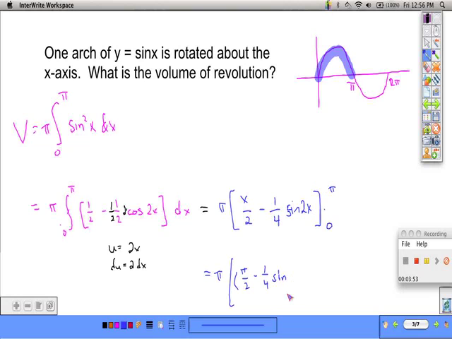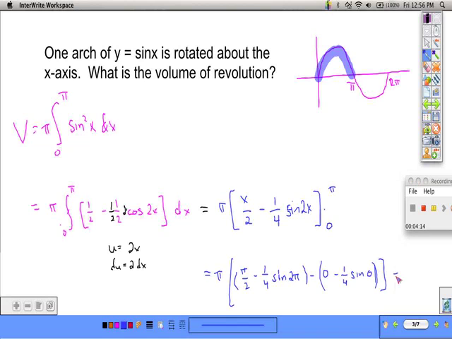Sorry, not 2 pi, but pi. And what we end up with is that this is equal to pi squared divided by 2 cubic units.